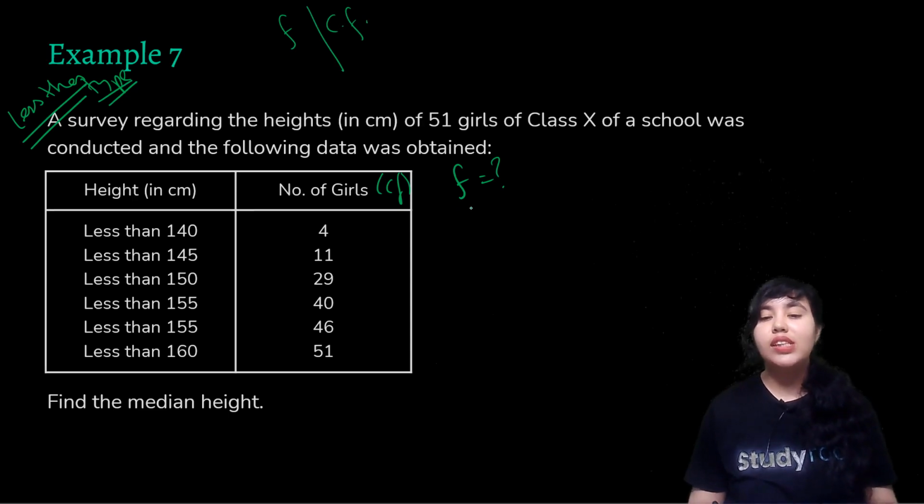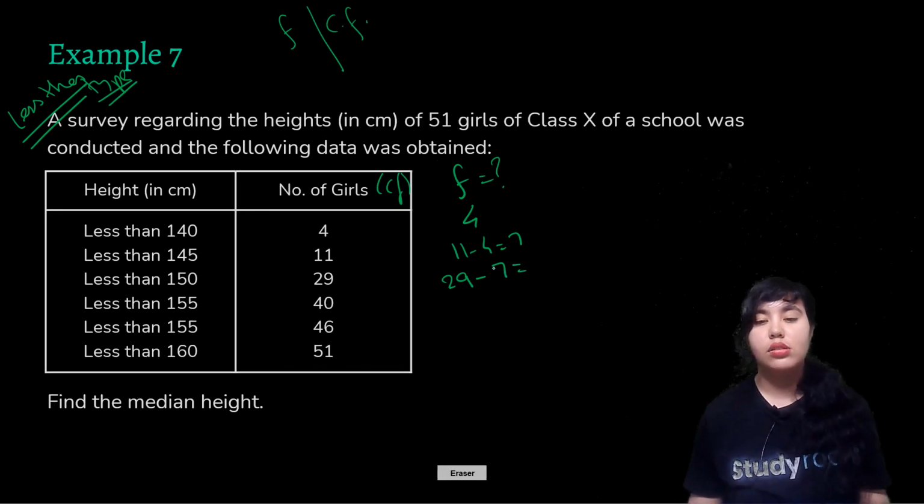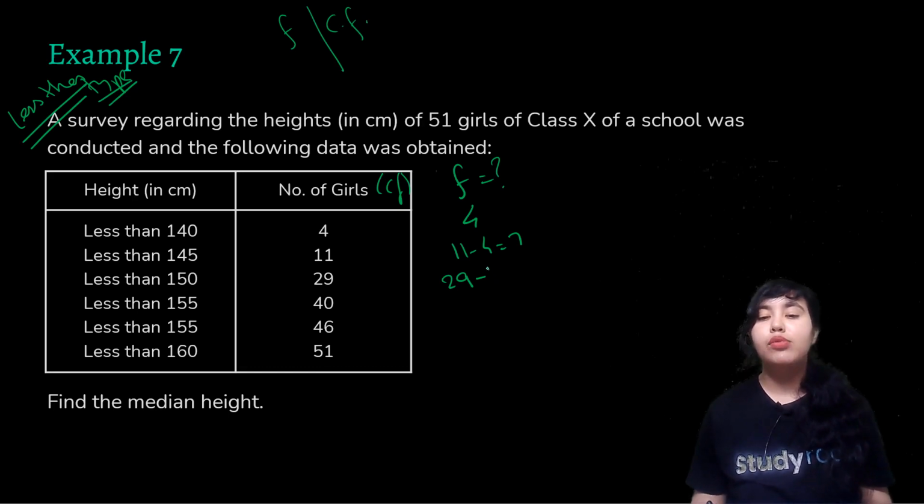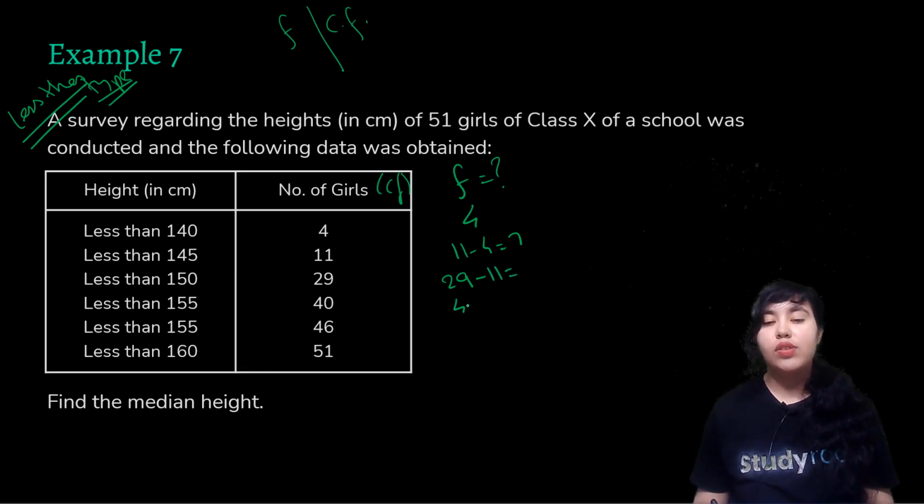So the first frequency will be 4. Now the second one, instead of adding, we will get it as 11 minus 4, that is 7. Then 29, the present cumulative frequency, minus the previous one, so 29 minus 11 will be 18. Then 40 minus 29, 46 minus 40, 51 minus 46.